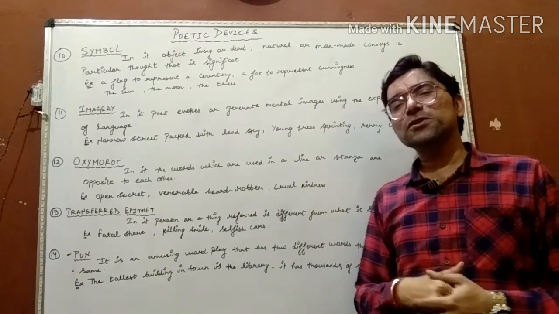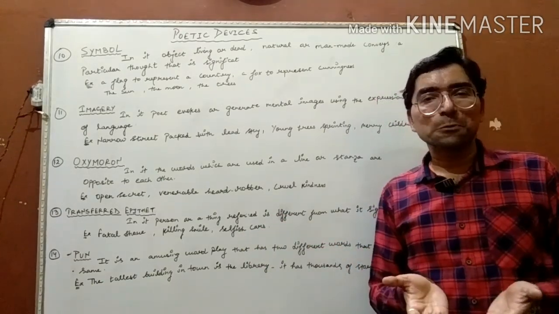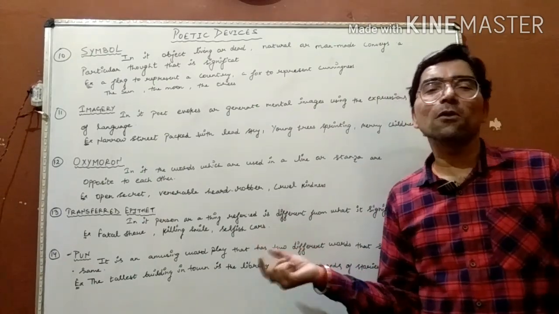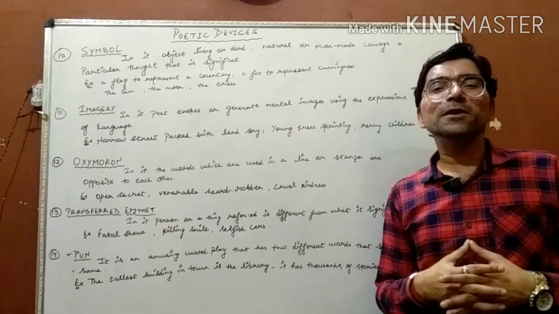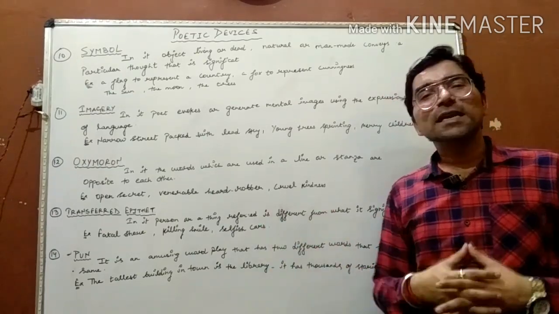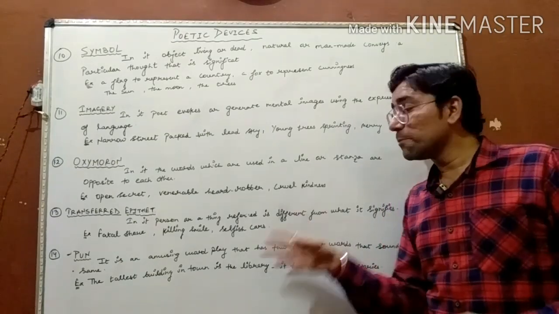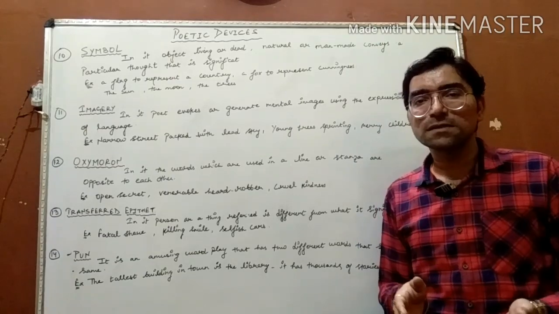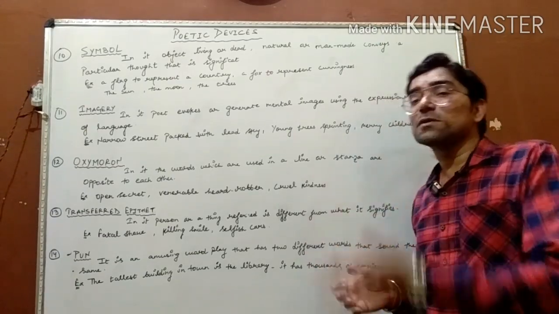Next is selfish cars. Now cars can never be selfish because cars are inanimate, non-living objects, and they can't have the ability to be selfish with someone. So here the poet refers to someone else, pointing out someone else.